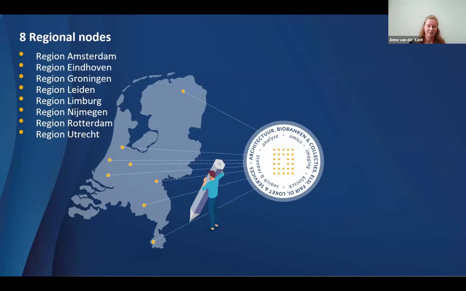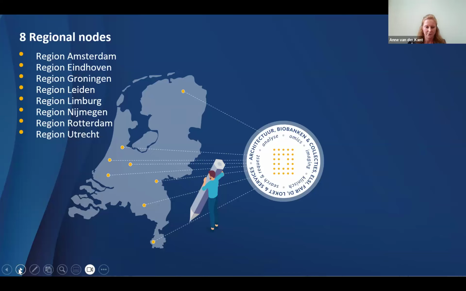And in the case of Eindhoven, this is a university and some hospitals in the area, and also a company. And the function of these regional nodes is to actually make the data available from the region for reuse, and also to build a network of trust within the Netherlands to share data and collect insights.